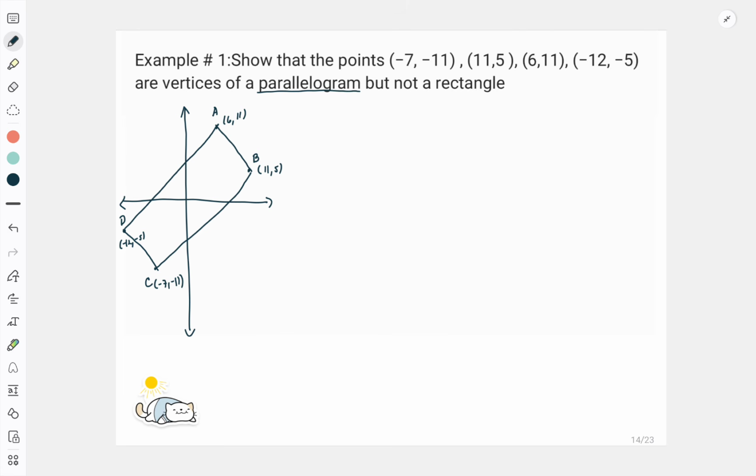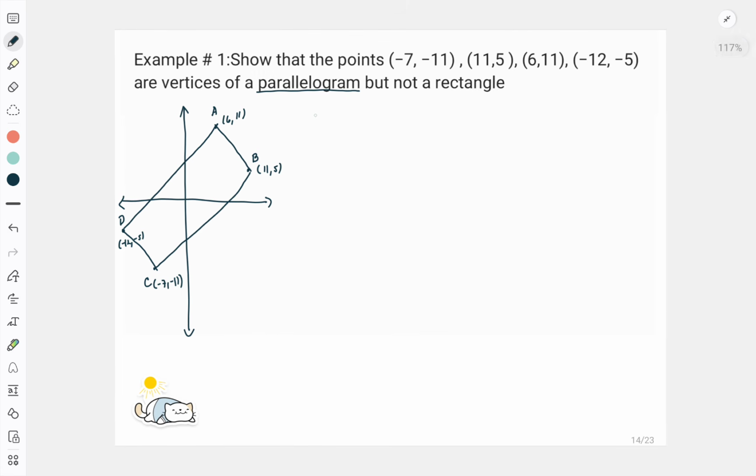By getting the slopes, we can see if they form perpendicularity, because a rectangle forms four right angles, meaning each consecutive side is perpendicular to the other. So if we check all the slopes and don't find any negative reciprocals, then they will not form a rectangle. So let's look at each slope.